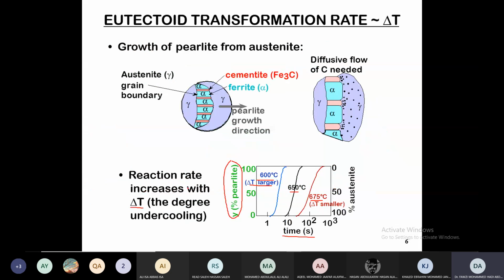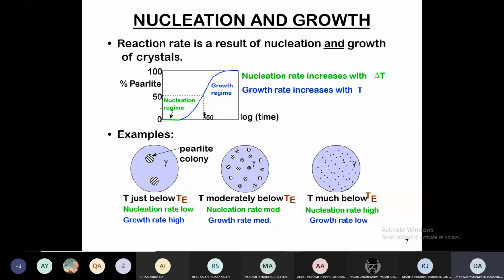If the delta T is smaller, then the nucleation time becomes much larger. Nucleation takes time, but the growth is faster. But the slopes of these lines are not realistic because we are looking at log of time here. These are the two effects that we have.